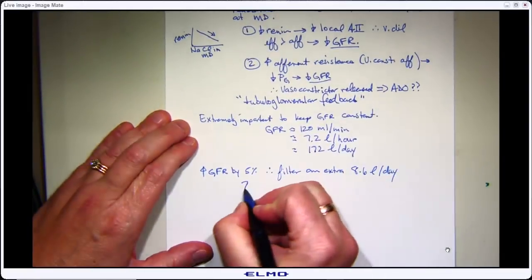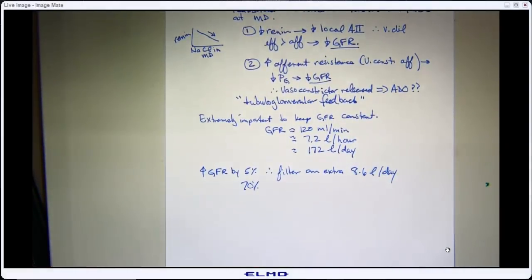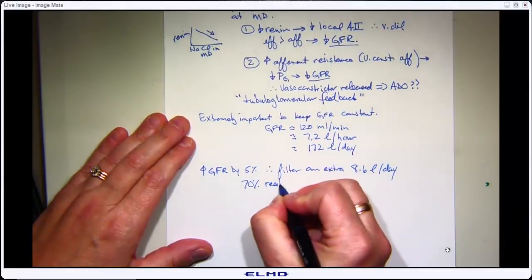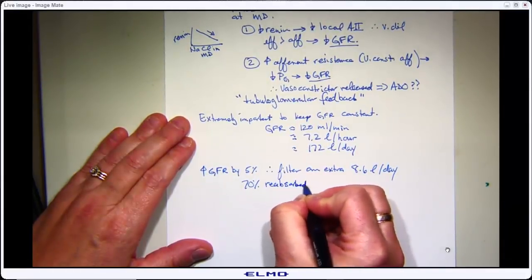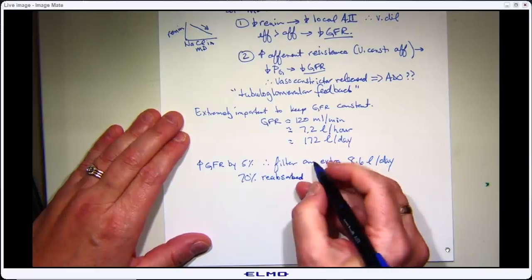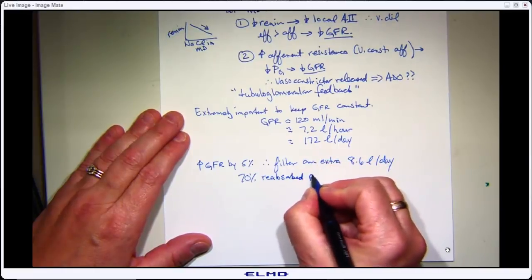Now we know that 70% of the reabsorption is going to be obligatory, right? So 70% of that is going to go to the proximal tubule and be reabsorbed. So that's a good day.